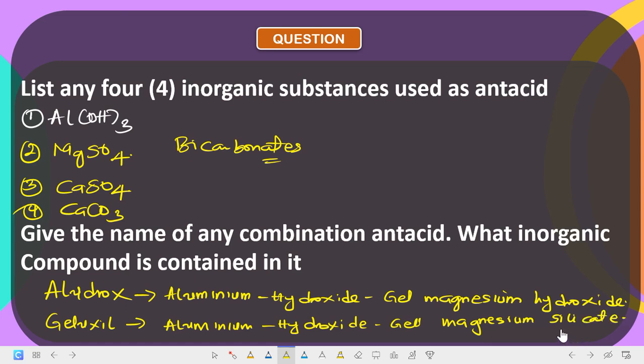So these are the 2 combination antacids, and these are the substances they contain.